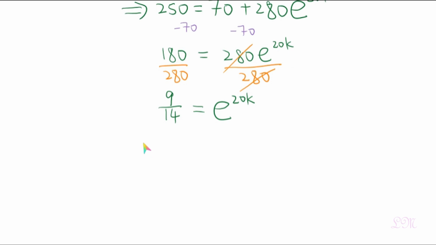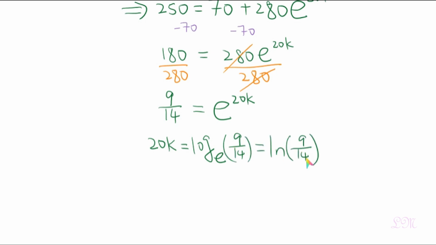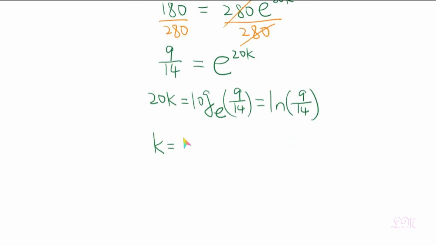Now rewrite our exponential equation in the log form. So we have 20k, the exponent, equals log base e of 9 over 14. That sounds like natural log 9 over 14. 20k is equal to natural log 9 over 14, so k is equal to natural log of 9 over 14 divided by 20.